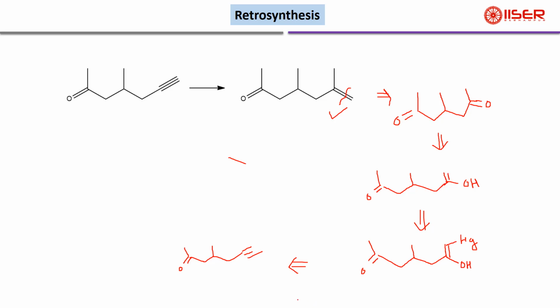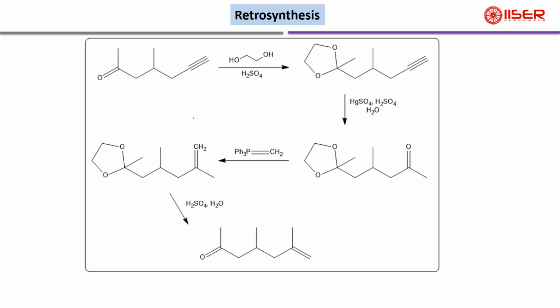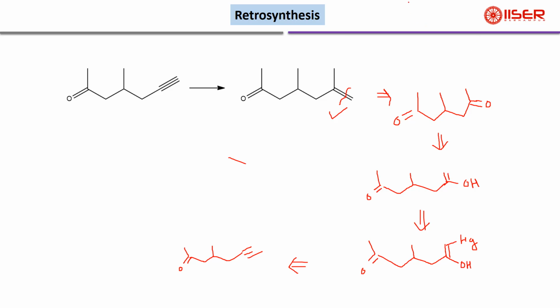So for the first step, you have to protect this ketone, then perform all this reaction, and at last you have to deprotect it. So this is the forward synthesis. First you have to protect this ketone, because otherwise at a point you will have two ketones. So a selective Wittig will be difficult.